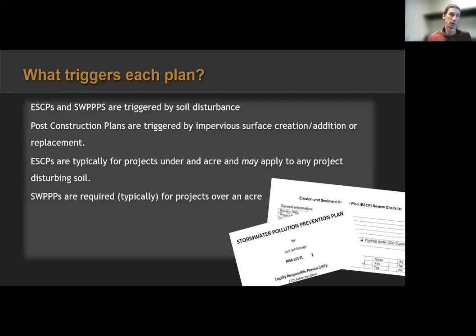You still need to have a water pollution control plan, for example, if you have a waiver, which is essentially a SWPPP. If you are in a common plan of development, you might have a project that is smaller than an acre, but because it's part of a larger common plan of development, it will be required to have a SWPPP. That comes from the CGP.